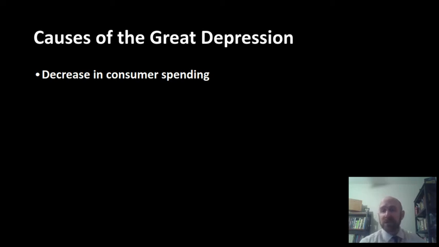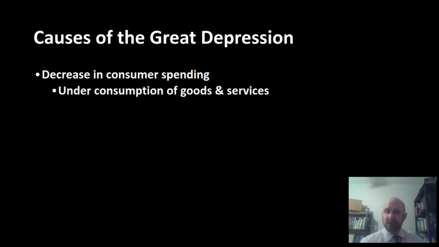Plus, most of Europe had stopped buying American goods by this point as well. The European businesses are up and running, so now the European consumer has the ability to buy locally from their own European manufacturers, and we're going to see lots of tariffs put in place that restrict international trade.